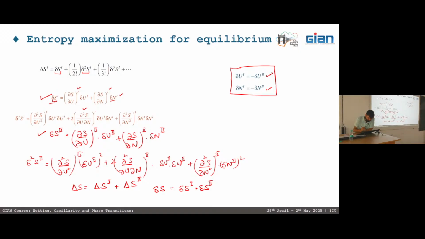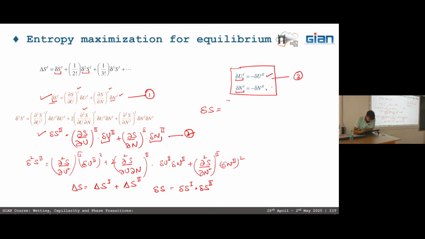So now using this equation along with these terms, we can write it for delta S. I'll replace these terms with minus of del u1 and minus of del n1, which will help me further simplify this equation.